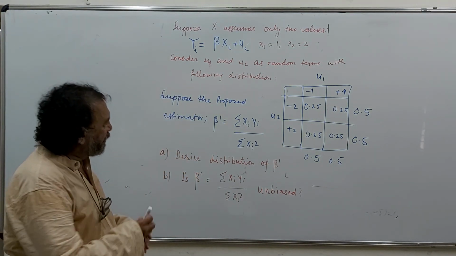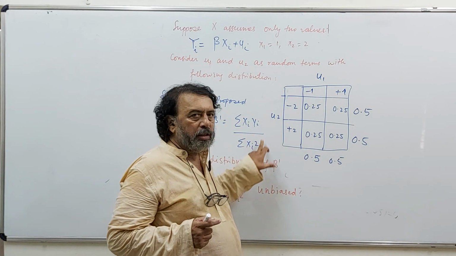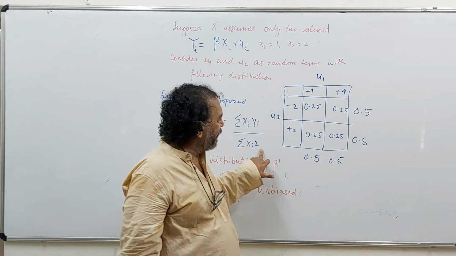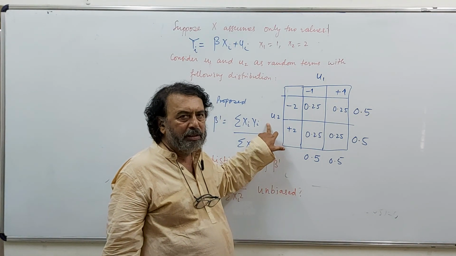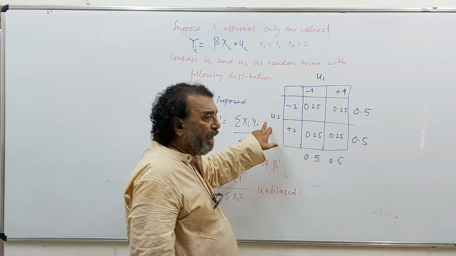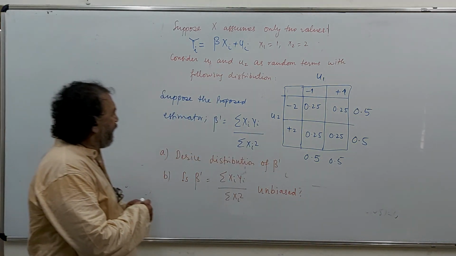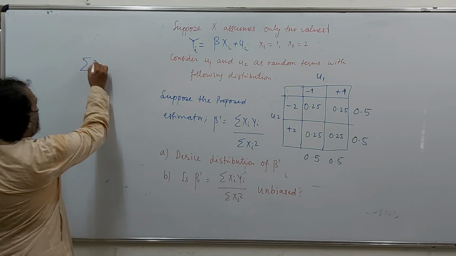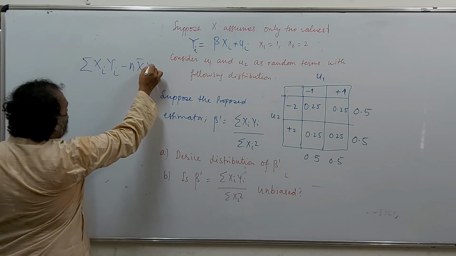The OLS estimator is typically making an adjustment for both the numerator and the denominator. To use classical statistical language, we adjust for their means. So if we make the correction for the means, the numerator typically has an adjustment like summation xi into yi minus n times x bar y bar.